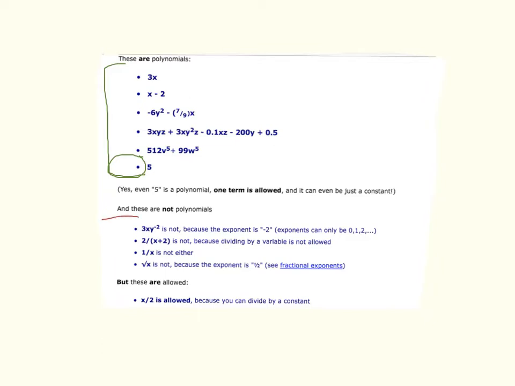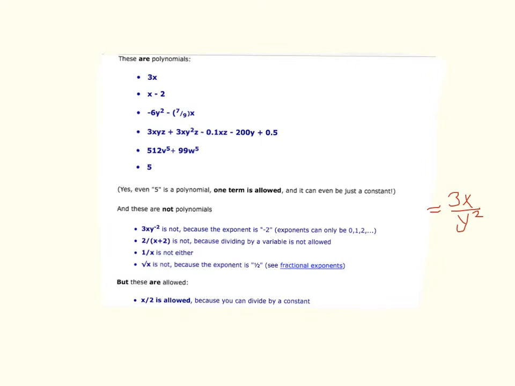Here is a good list of examples of non-polynomials. Notice that each of these have a unique problem that keeps them from being a polynomial. In this case, it has a negative exponent on the y, and we just talked about what happens there. 3xy to the negative 2 becomes 3x over y squared, because any negative exponent has to move to the bottom to become positive, and thus we'll have division by a variable.